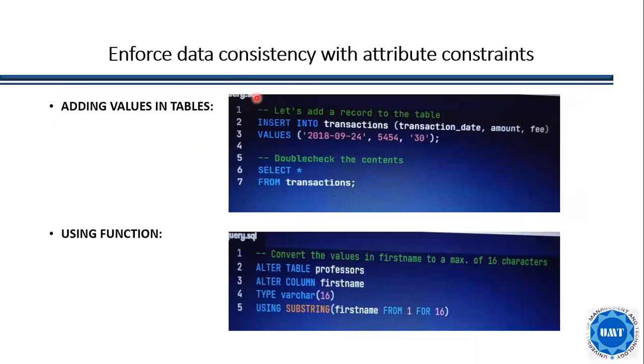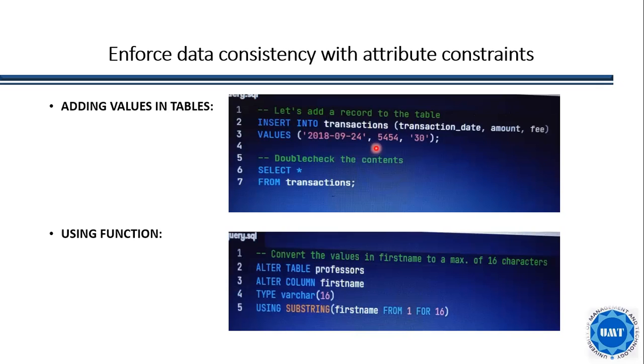Next, force data consistency with the attribute constraint, adding values in the table. If we want to add values in the tables, then we will use INSERT INTO transactions, and in parentheses we will add the columns: transaction date, amount and fee. And then we will add the values.